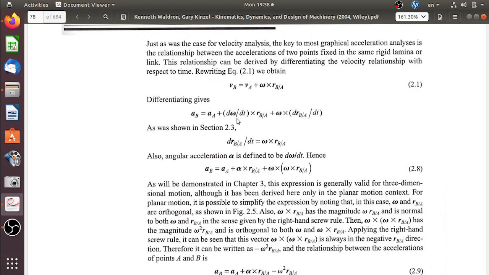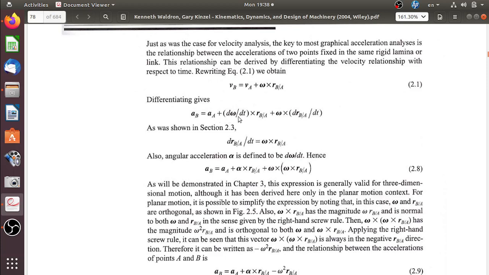Now if you recall from our last video, dRB/A by dt is nothing but omega cross RB/A, and that's how we obtained this term. So instead of this, I could substitute omega cross RB/A.